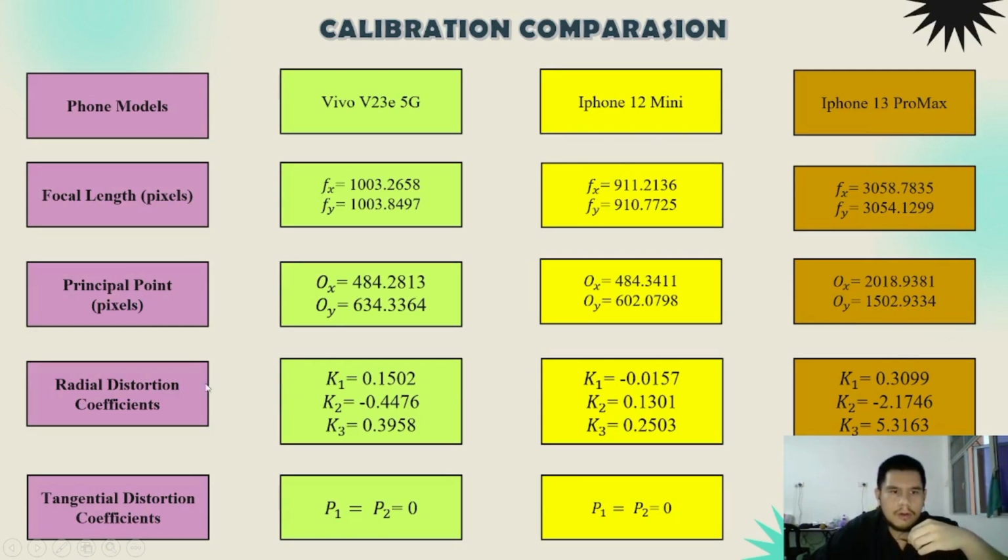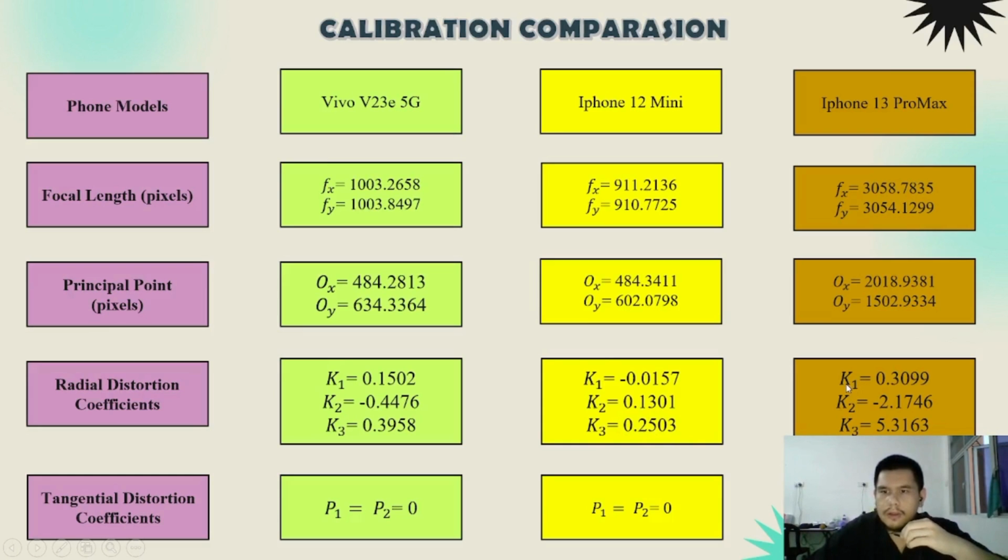For the radial distortion coefficients, K1 for the Vivo will be 0.1502, K2 will be negative 0.4476, and K3 will be 0.3958. For the iPhone 12 mini, K1 is negative 0.0157, K2 will be 0.1301, and K3 will be 0.2503.